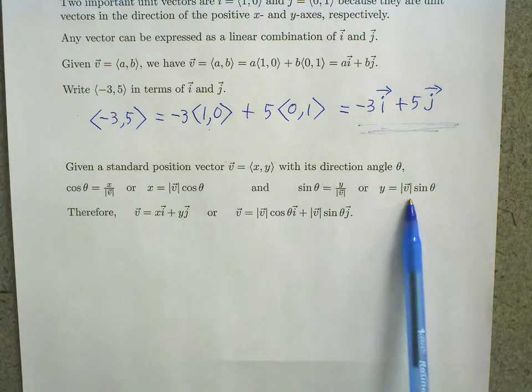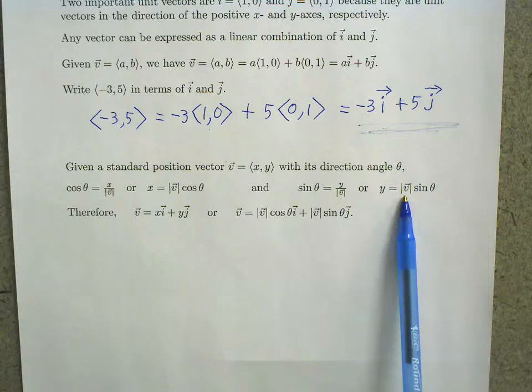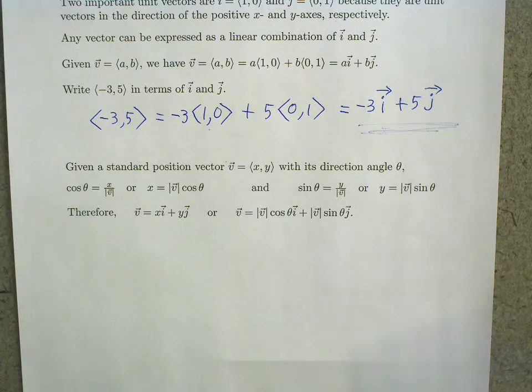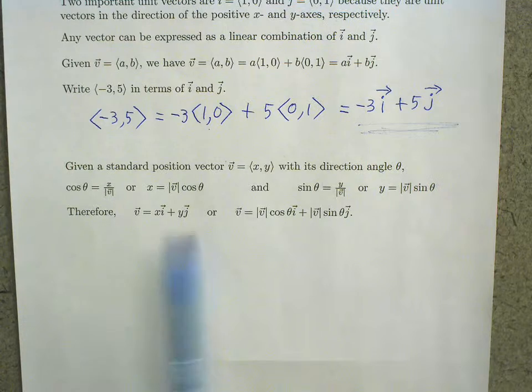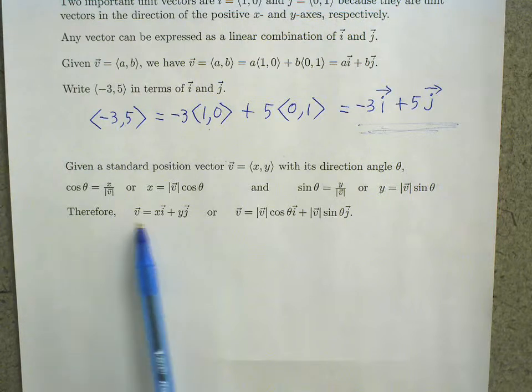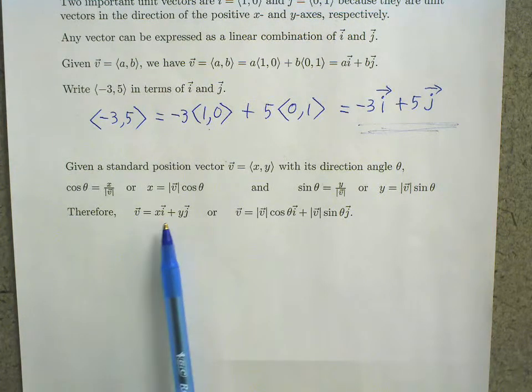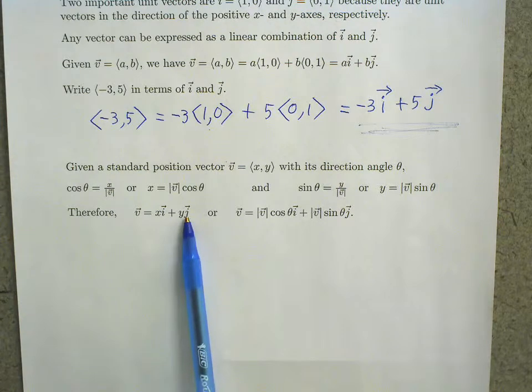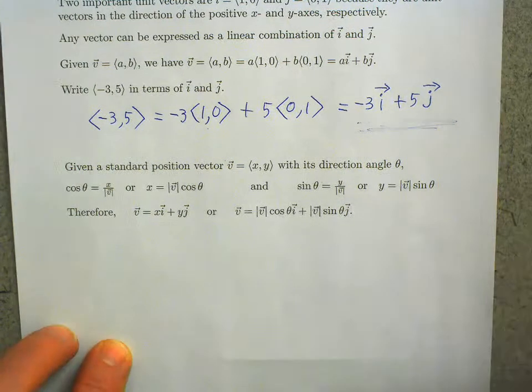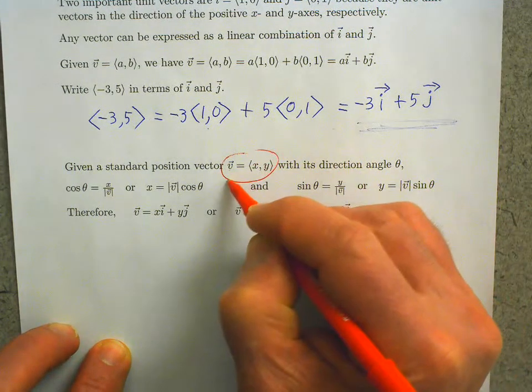is equal to the length of vector v times sine of theta. So if you put all of that together, using vectors i and j, the vector v is x times the vector i plus y times the vector j. This is what we saw above.